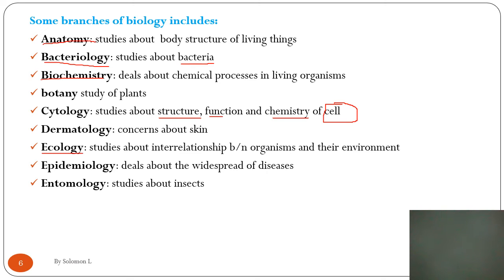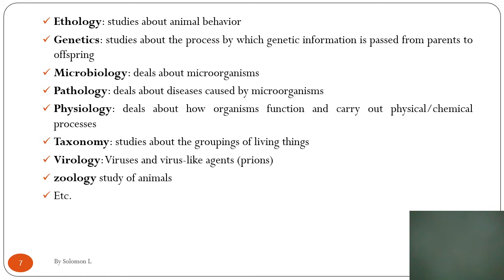The other branch of biology is epidemiology, which deals with the widespread of disease. Entomology is another branch of biology which studies insects. Etiology is another branch of biology which studies animal behavior. Genetics studies the process by which genetic information is passed from parent to offspring.